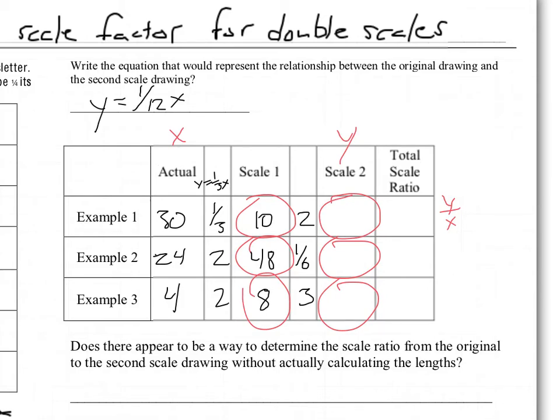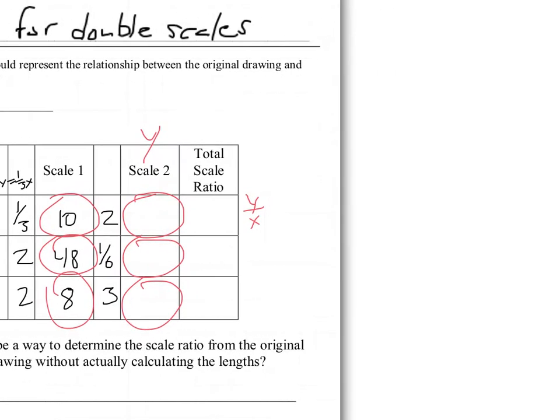So this one, now ignoring this, y is equal to 2x on this first one, or 1/6 or 3 or whatever it is. So we have 2 times 10 would be 20. 1/6 times 48 would be 8. And 8 times 3 would be 24.